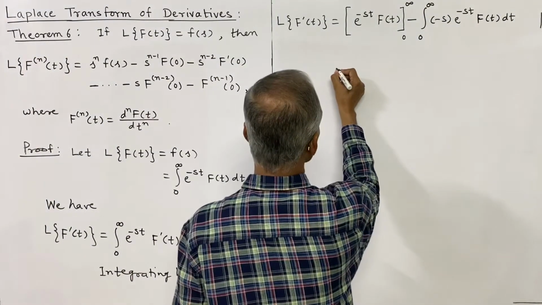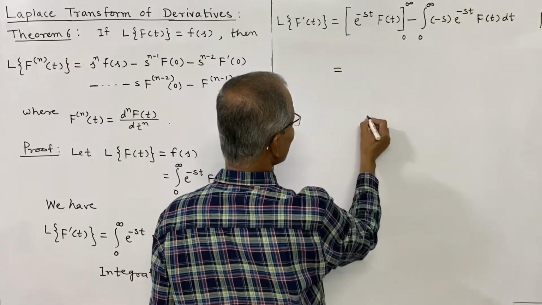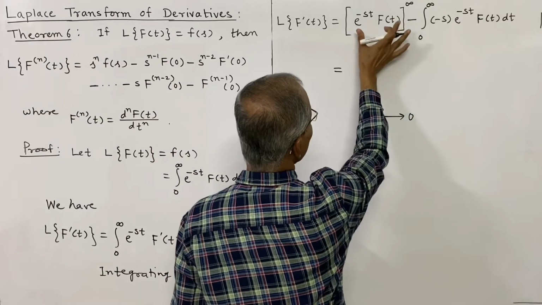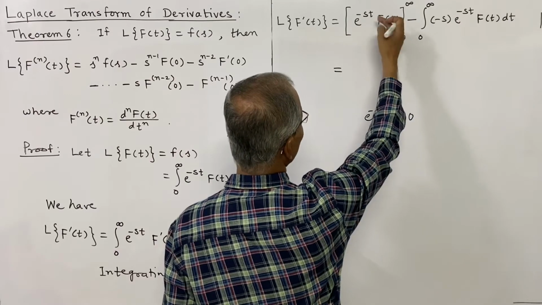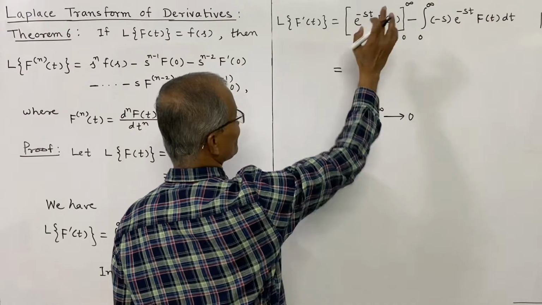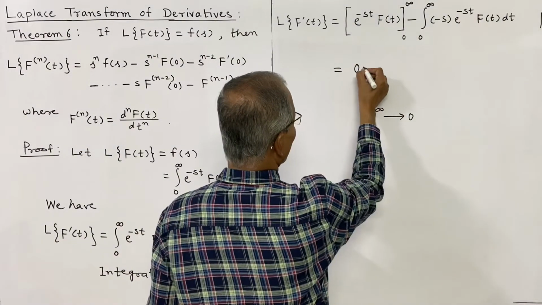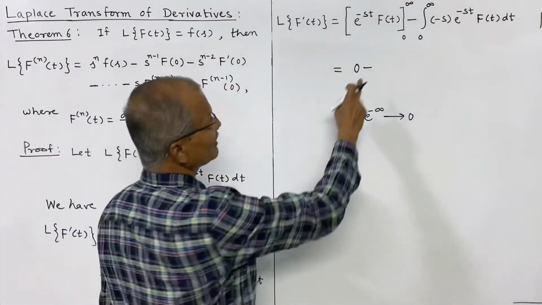And further this is equal to, now put the upper limit here, this becomes e power negative infinity and this tends to 0. So because of this term is 0, whatever the function's value at infinity may be, this term becomes 0. 0 into this is 0, minus, and now put the lower limit t as 0.